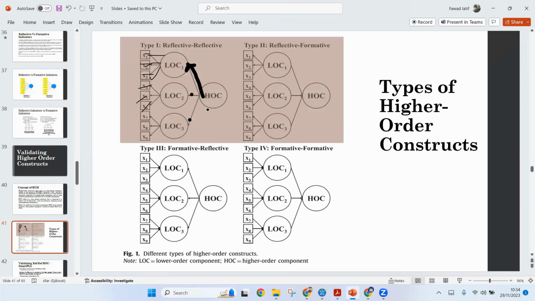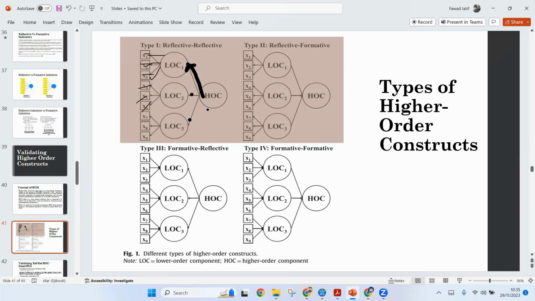So now this LOC1, LOC2, LOC3 are the items for this HOC. If it is a construct, it has to have items. So now we know the items for LOC. So where are the items for HOC? The items for HOC are LOC1, LOC2, LOC3. Now this is reflective at the lower level and reflective at the higher order or higher level as well.